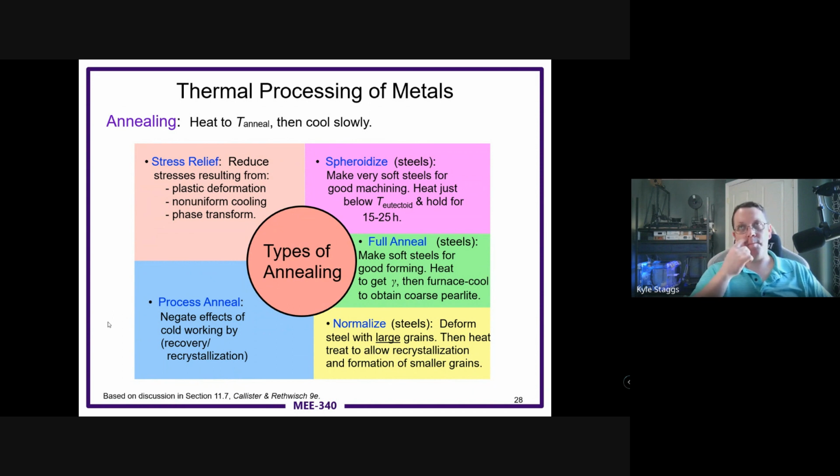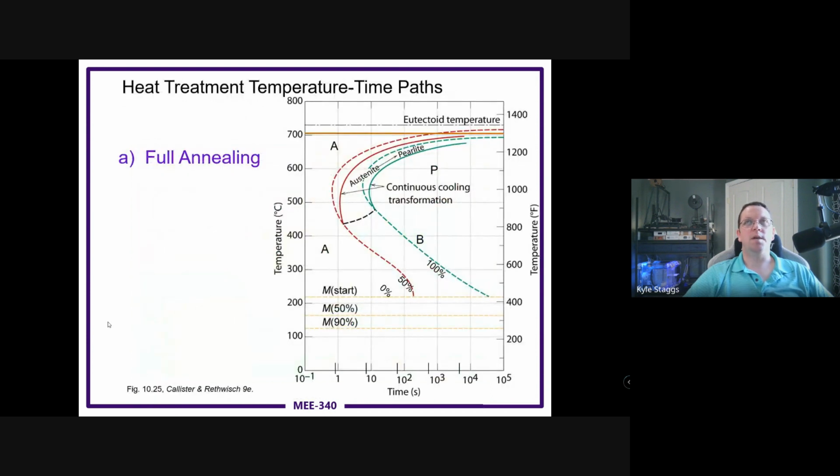That then makes machining a little bit easier, because you're not necessarily undoing much of the hardening that has been done to the material, but you're evening things out so that you don't have harder points and softer points. That makes the machining a lot more predictable. So yeah, cooling slowly is almost always important for this kind of thermal process. So this is what a curve looks like.